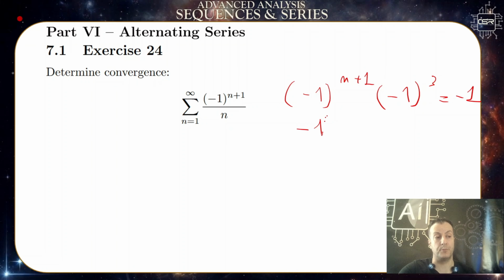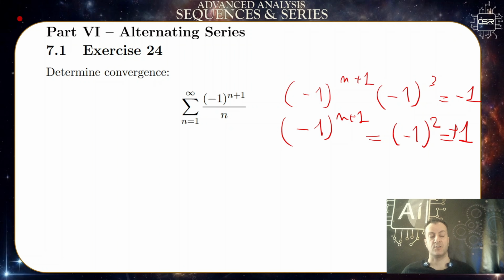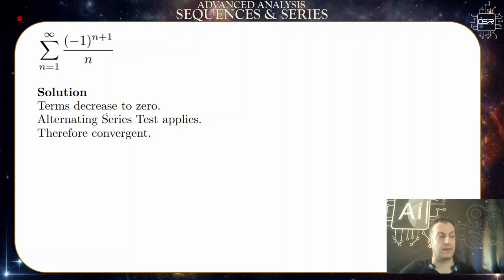But for n plus 1 being even, it would be like minus 1 to the power of 2, so it becomes plus 1. So it is an alternating series, and as n approaches infinity, positive terms and negative terms cancel each other. Therefore, it is convergent. Notice that the terms decrease to 0, and the alternating series test applies.